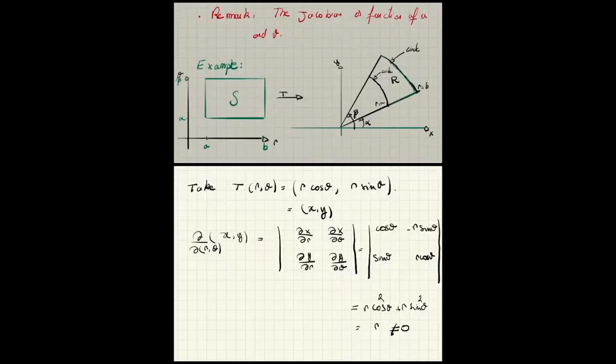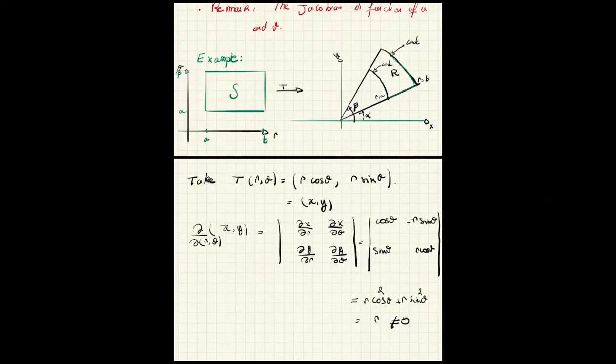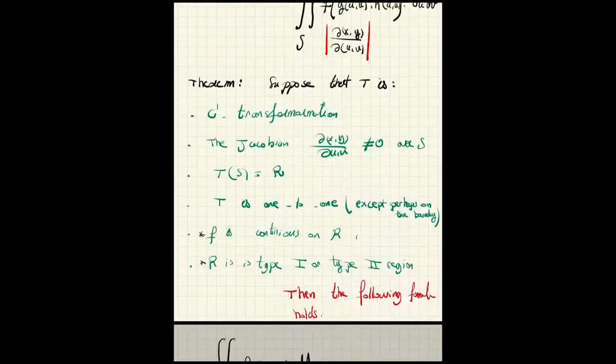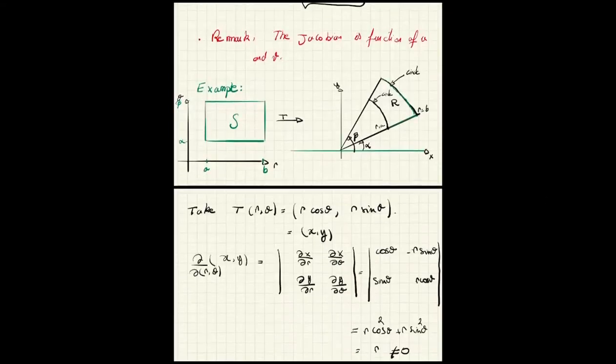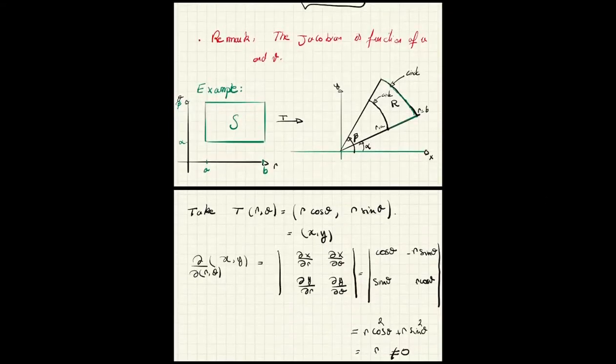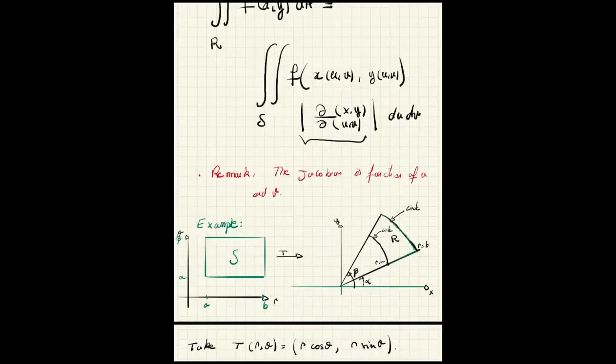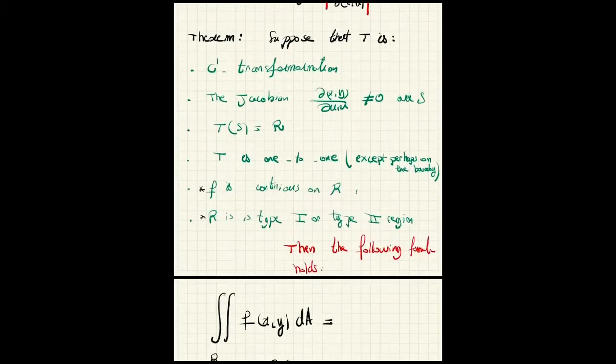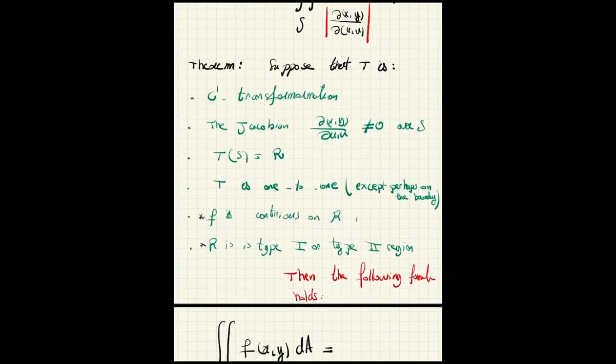Like type 1, type 2, you can break it down into type 1 and type 2 regions. And the one you really need to be careful with is the one-to-one.